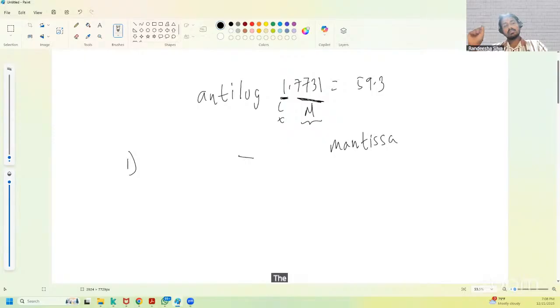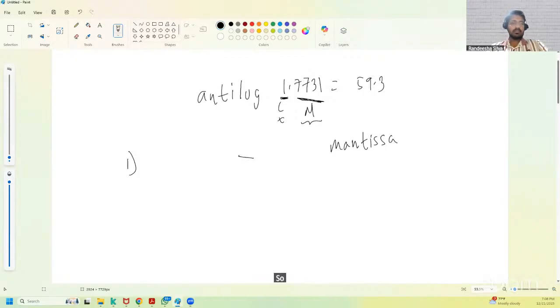To get the 7735, we lack 4 points. For that, we have to go for this mean difference. So to find this remaining difference, we have to go for the mean difference section of the same row, and identify this.